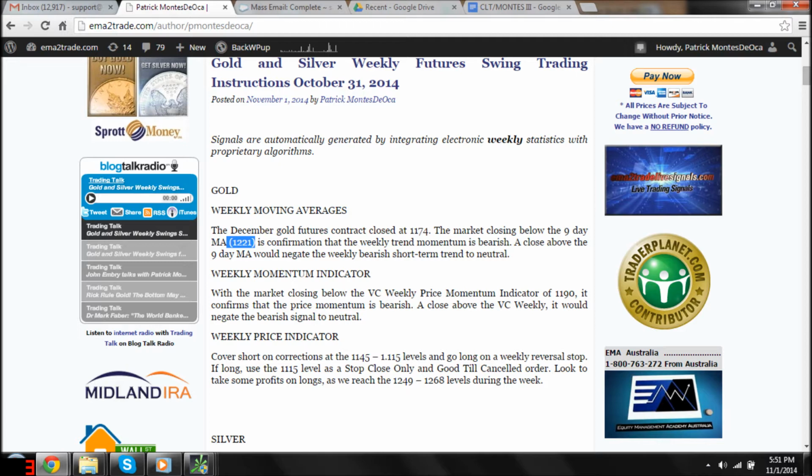It's still telling us it's bearish because the market closed below the VC code of 1190. It's a bearish indication. But a close above the 9-day moving average would negate the weekly bearish short-term trend to neutral. A close of 1221 would negate the bearish trend that was established since July.